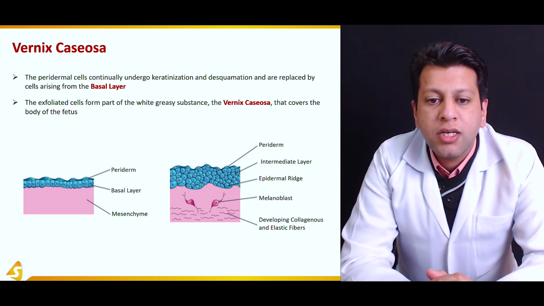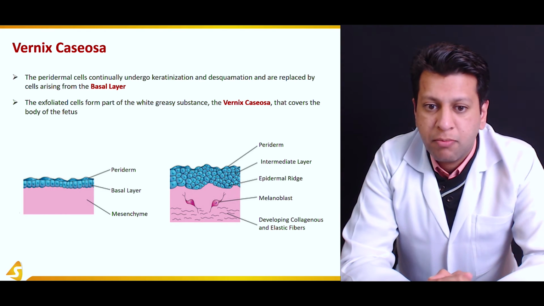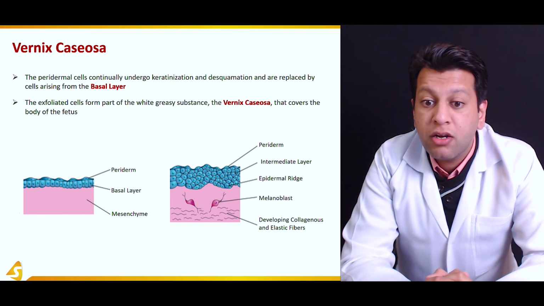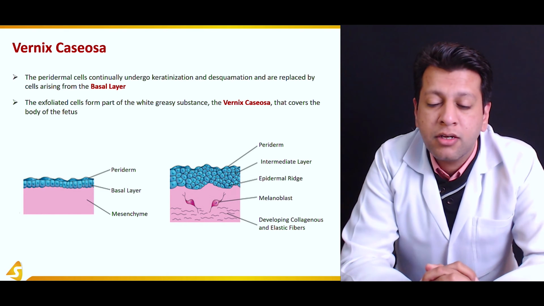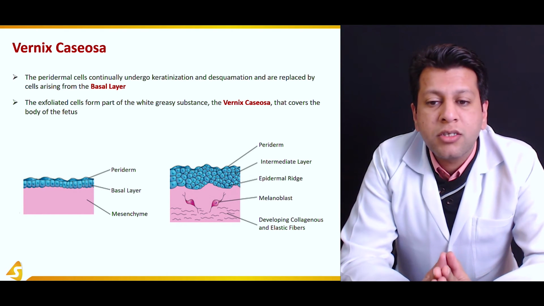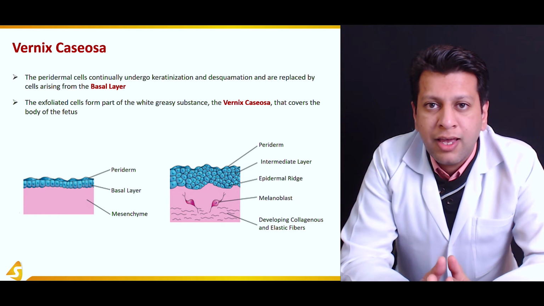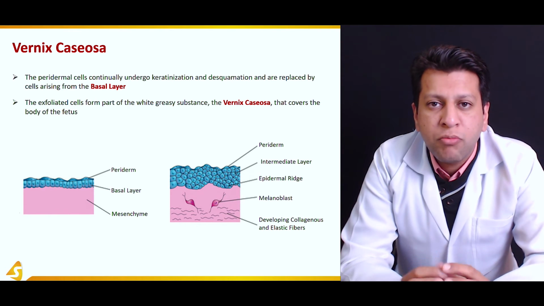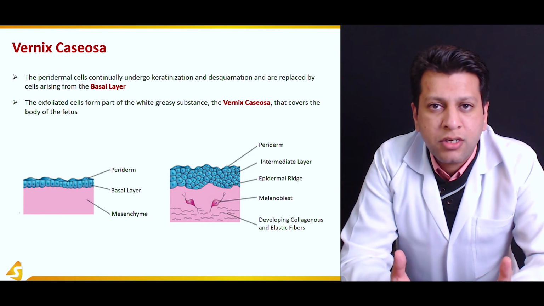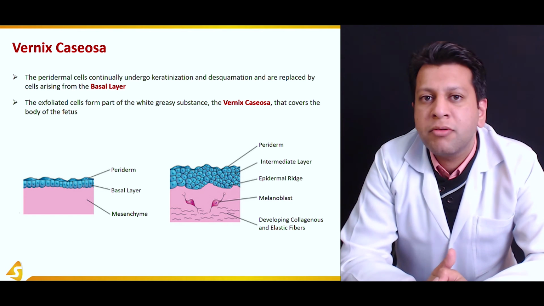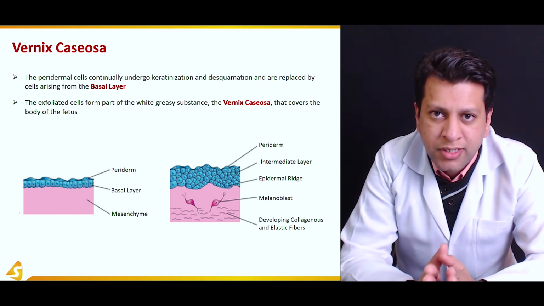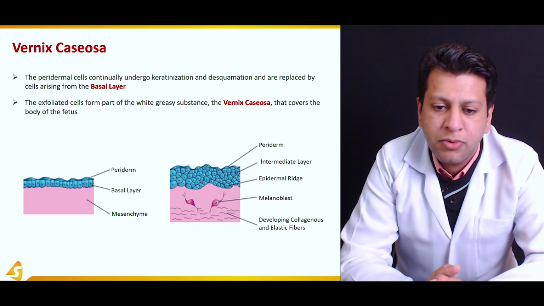So, what is vernix caseosa? The peridermal cells continually undergo keratinization and desquamation and are replaced by cells arising from the basal layer. Now, understand what is keratinization. A normal cell, as you know, would have a cell membrane outside, a cytoplasm inside, and all the organelles present inside the cytoplasm.